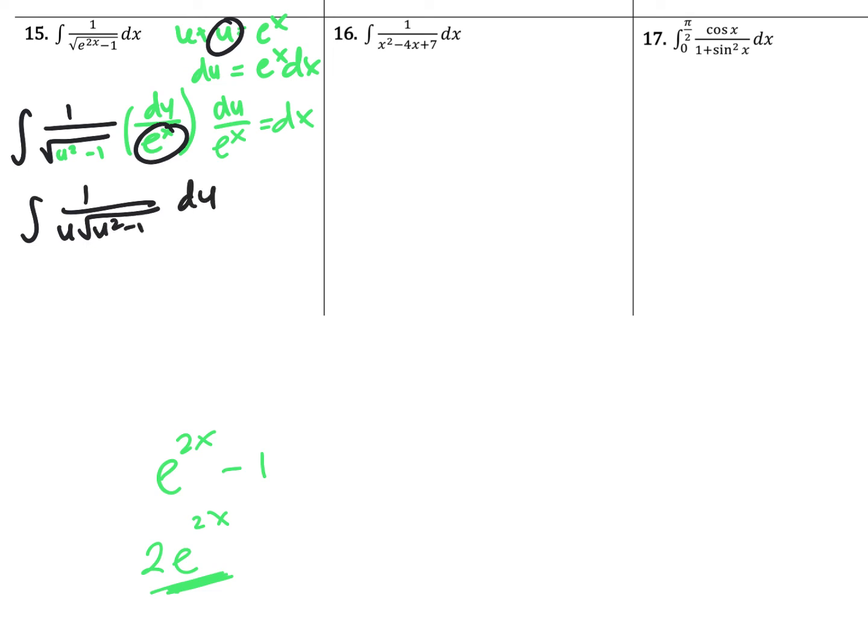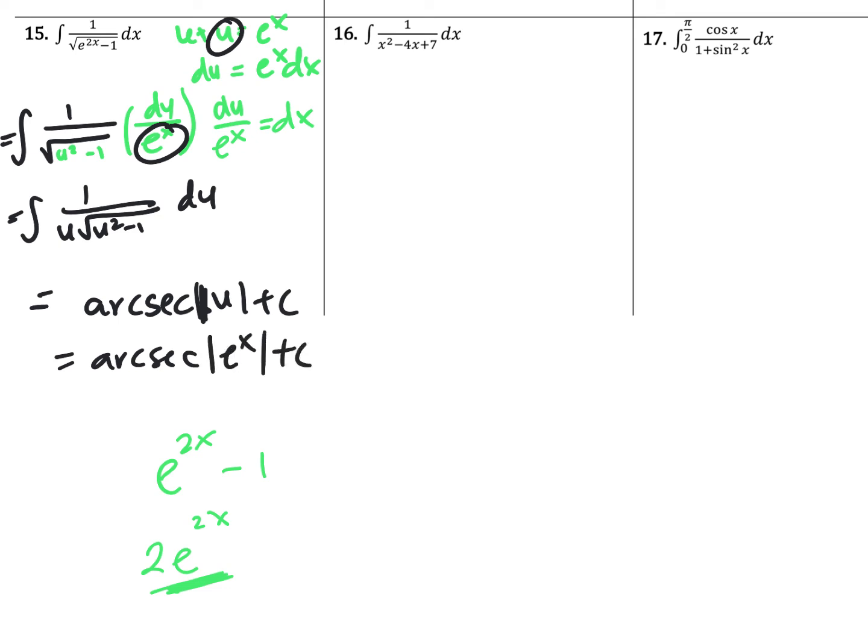Now I think it's really obvious that this is arcsecant. It wasn't at the beginning, but trying regular u substitution with what's inside the radical wasn't working. So I tried a little bit different method, and I got arcsecant. So this is going to be equal to arcsecant of the absolute value of u plus c, or arcsecant of the absolute value of e to the x plus c.